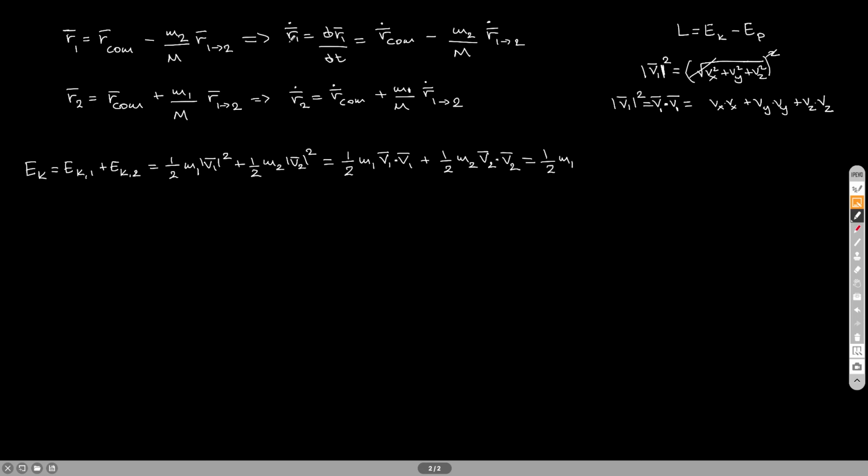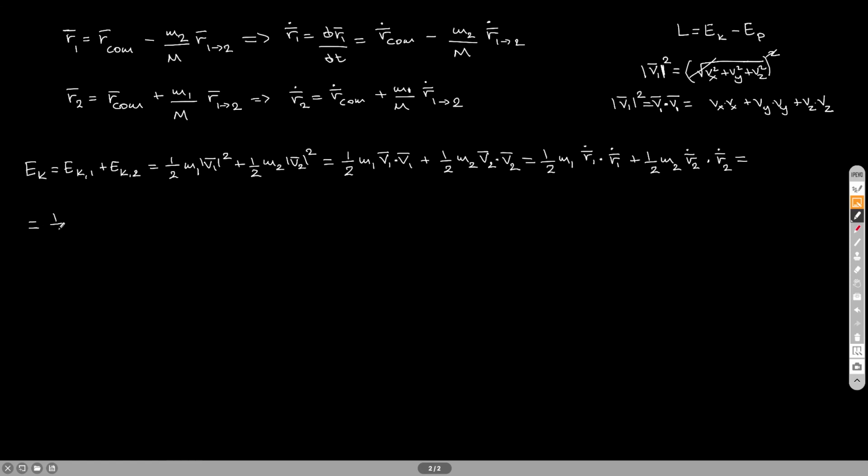Now v1 is this quantity, so r1 dot product with r1 dot plus 1/2 m2, and for v2 I will take the time derivative of r2 dot product with the same thing, and I'm moving on, and it's gonna get more complicated.